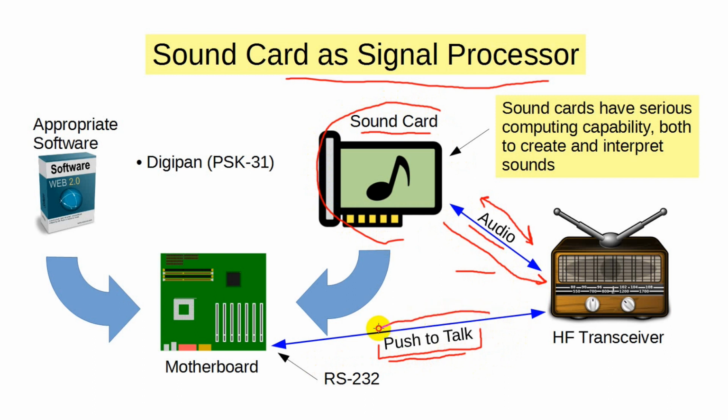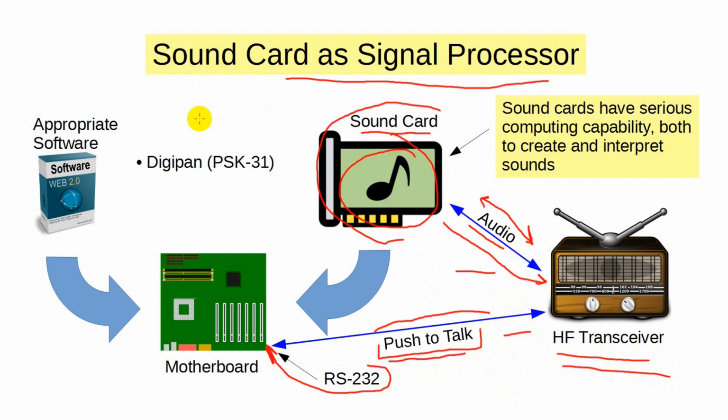This was usually done via the RS-232 port that all personal computers had back in those days. So we see the transceiver interfacing with the computer for transmitted audio, received audio, and the push-to-talk control line. It wasn't long before people started to take advantage of the sound card.